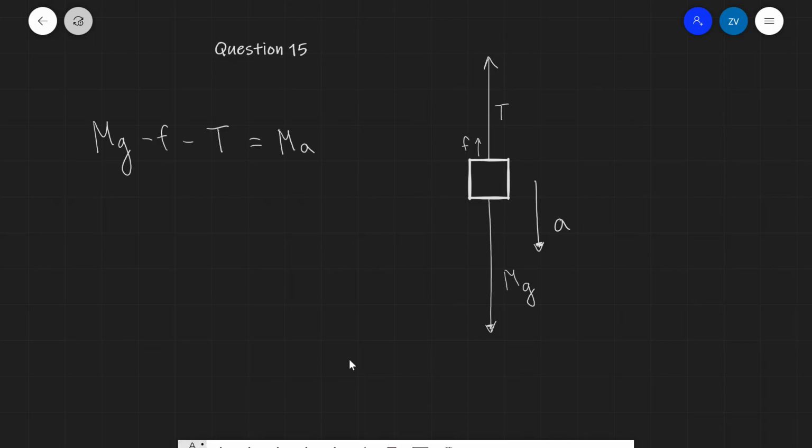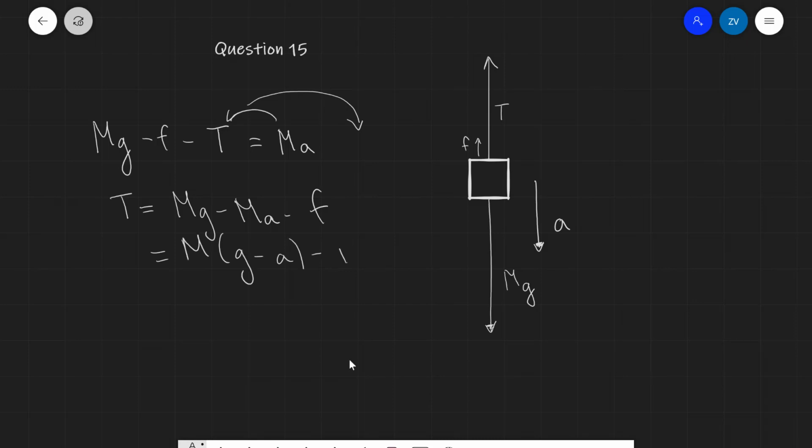Now let's rearrange for the tension. I bring the tension on to one side, which means I have to bring the other terms to the other side and change the signs. So that's going to be mg minus ma minus the frictional force, which is equal to m(g minus a) minus the frictional force, which means that the correct answer is D.